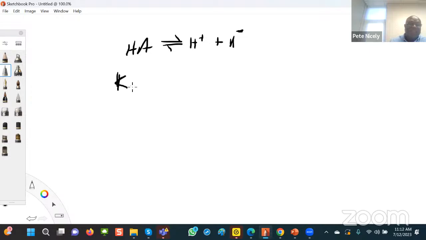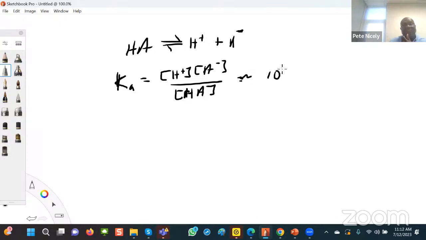We call it Ka, and that will be equal to the concentration of H plus times the concentration of A minus divided by the concentration of HA, right? And what you'll find is that typically these numbers are relatively small. They can go from anywhere from 10 to the minus 4 to even less values. You can have something of the order of 10 to the minus 10, for example.